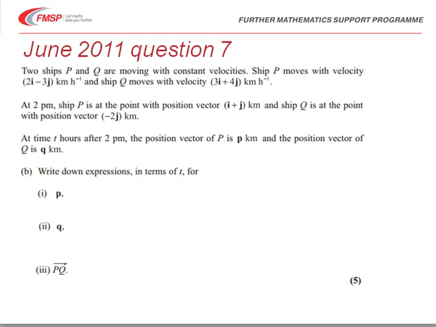In the second part of the question, we're using the general idea that the position vector of a point R will be its initial position, let's call that R0, plus the velocity multiplied by time.